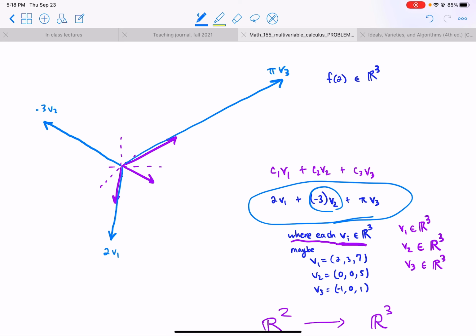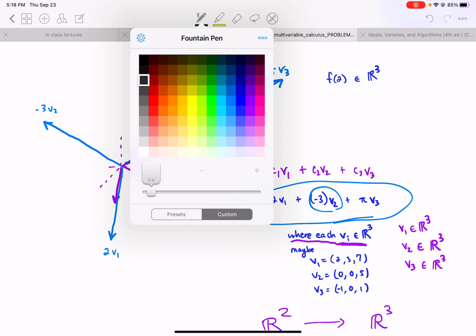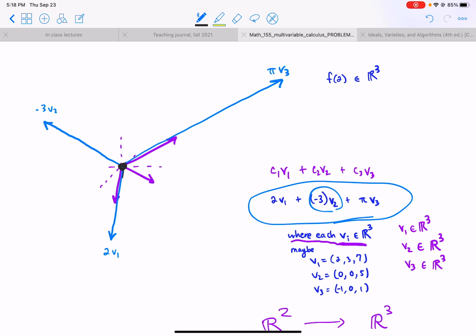And then I need to add them together, which means what I do is I start here, and I first move along 2 of v1, and now I'm here. Then I move along -3 of v2, and now I'm here. And then I move along pi of v3, and I end up here.